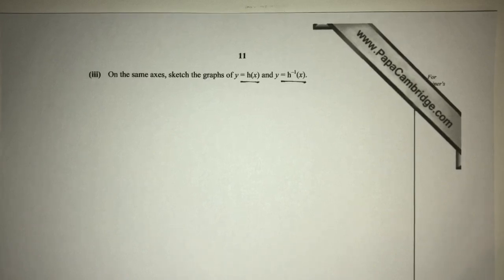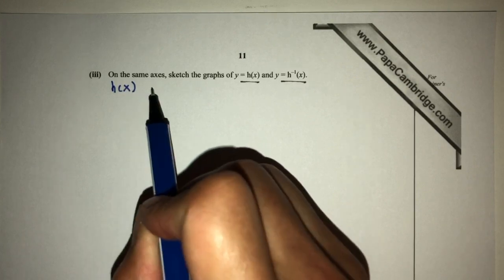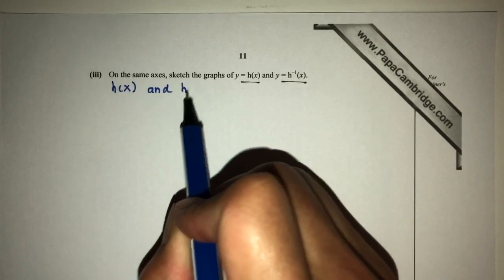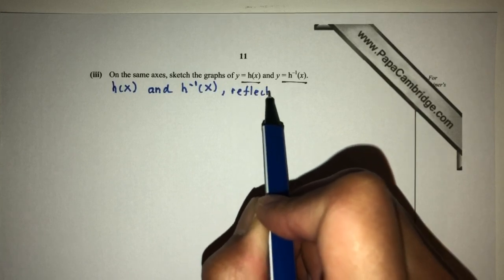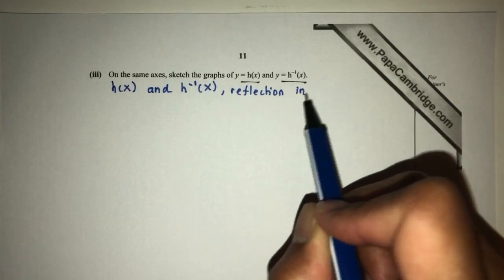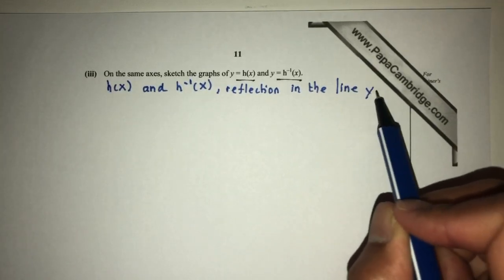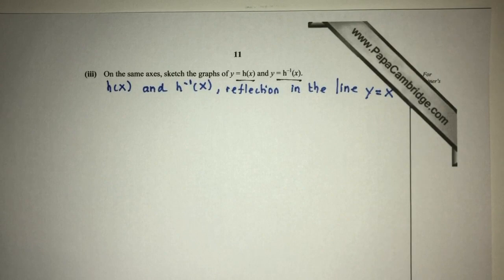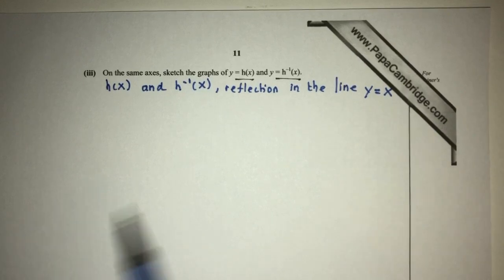The main idea here is, as always, we have to understand that h of x and h inverse of x are just reflections of each other in the line y equal to x. So it's always the case, a graph is always a reflection of its inverse in the line y equal to x, of course given that it has an inverse. If it has an inverse, it will always reflect in this line.